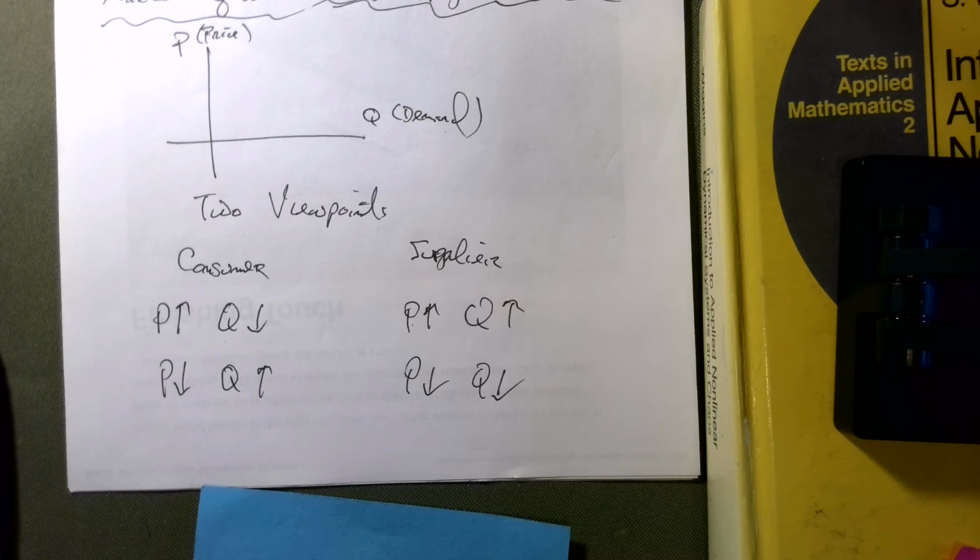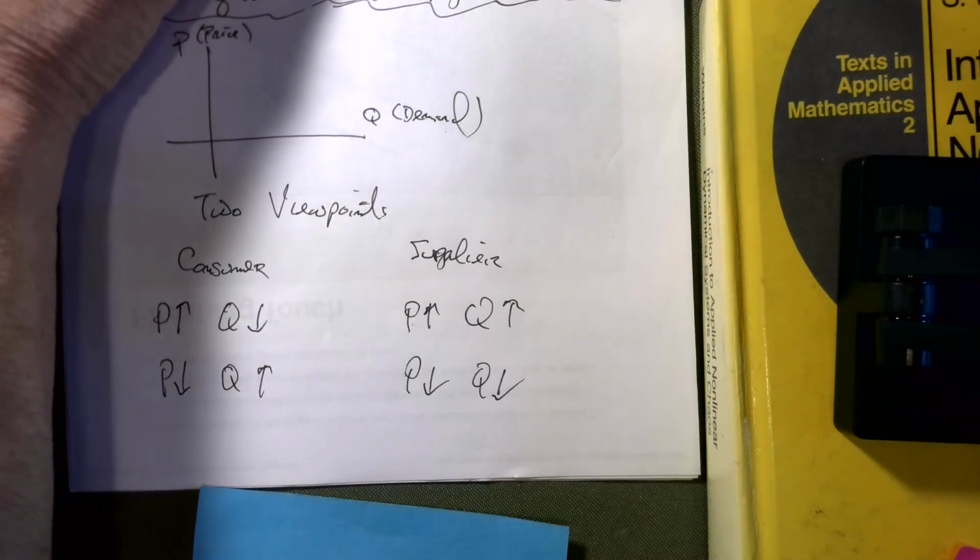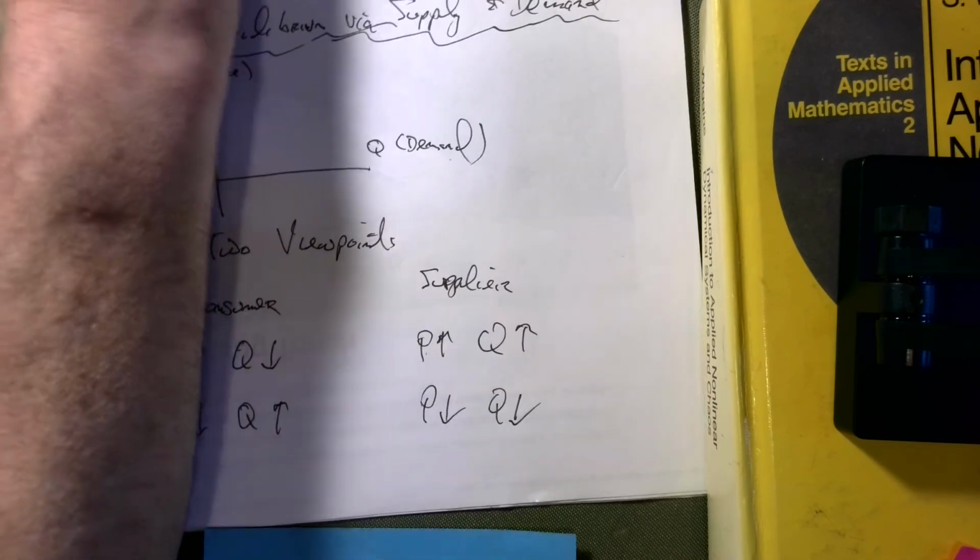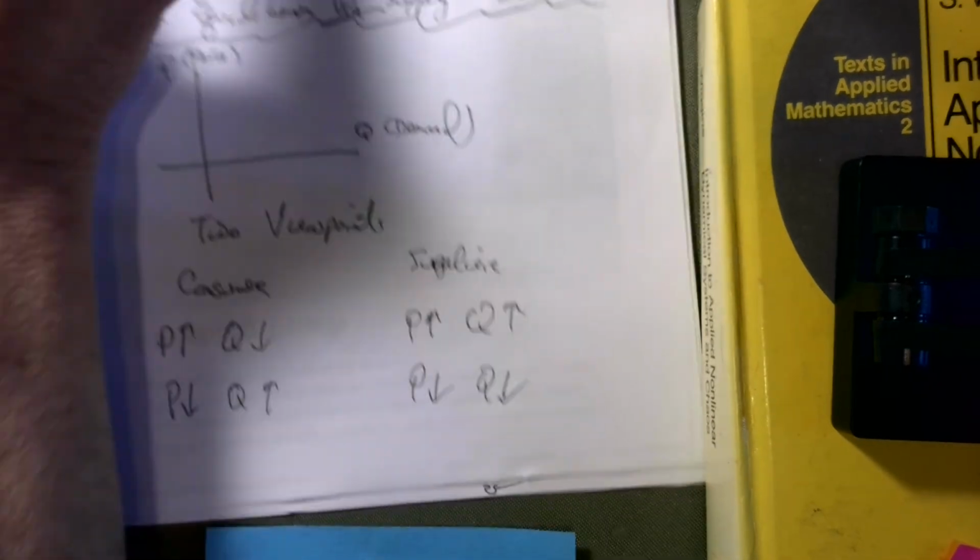You could think of it, for example, as a batter and a pitcher in a baseball game. The pitcher is trying to keep the batter's average as low as possible, while the batter is trying to get their average as high as possible. So you have this competing scenario, where one wants something to go low and the other wants it to go high.